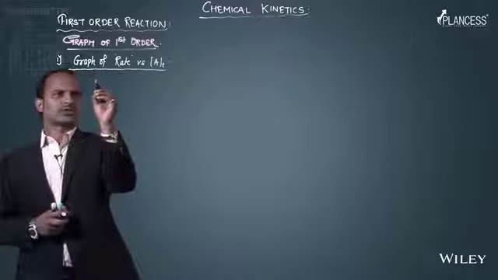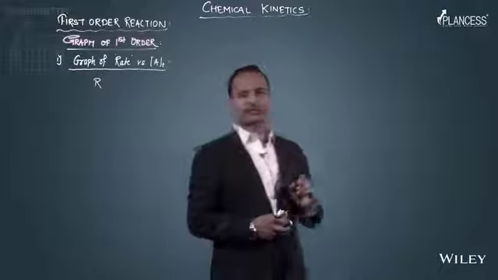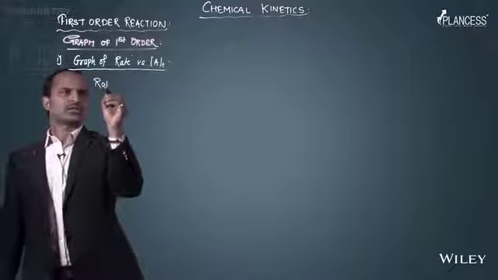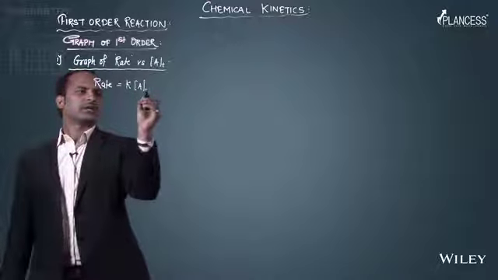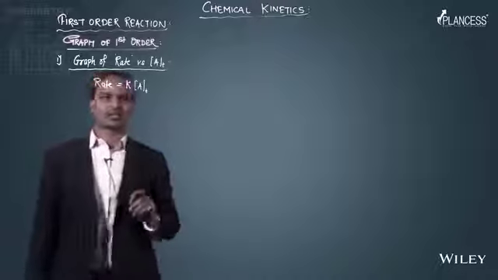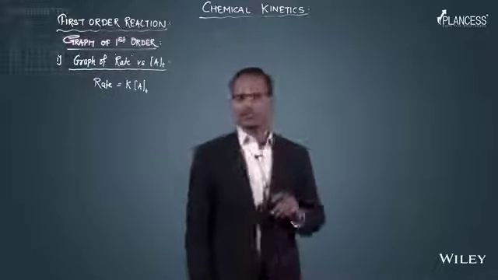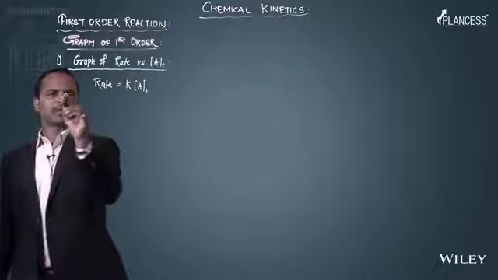For the first order reaction, we know that the rate of reaction depends upon the concentration of reactant. And we have the relation that rate is equal to k into the molar concentration of A. Instead of A, I can write At also. First order, so the power is going to be 1. So rate is directly proportional, which means the graph is going to be linear and passing through the origin.